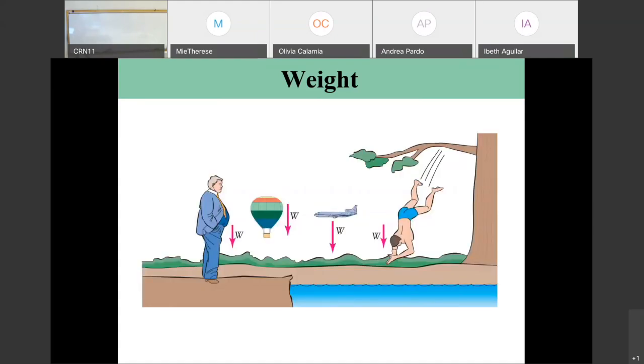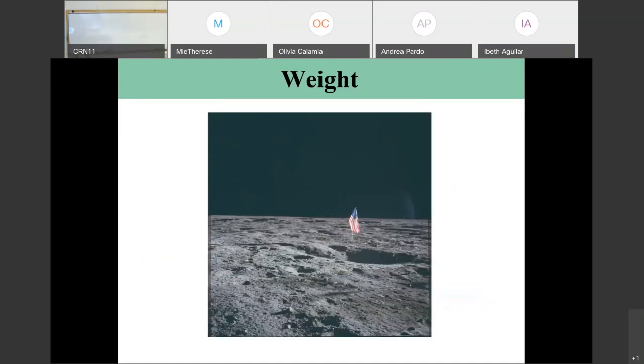Now, the force of gravity is obvious. When we look around, we use those concepts to differentiate how a person walks here on Earth and how the astronauts were walking on the surface of the moon, right? Because the gravity is much less, it's 1/6 the gravity of the Earth, right?